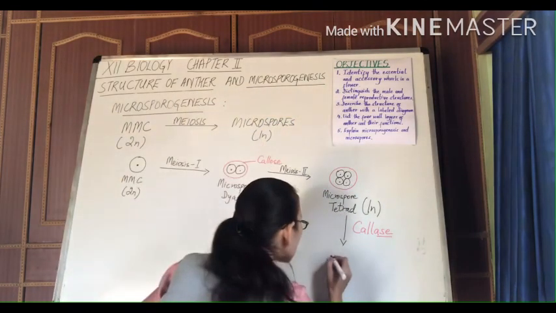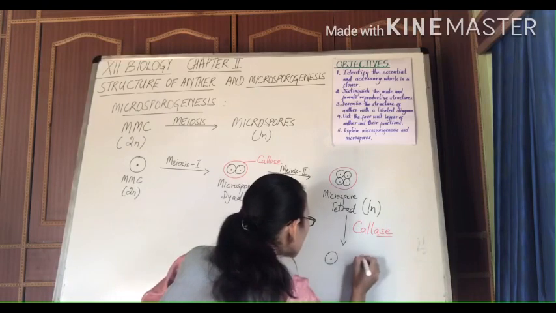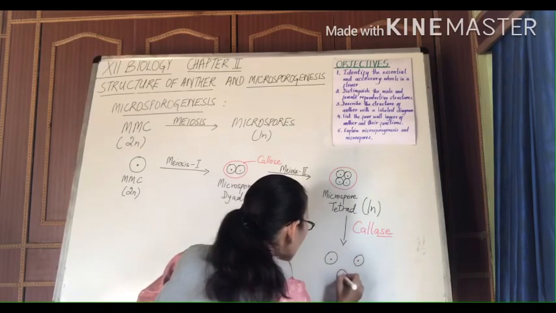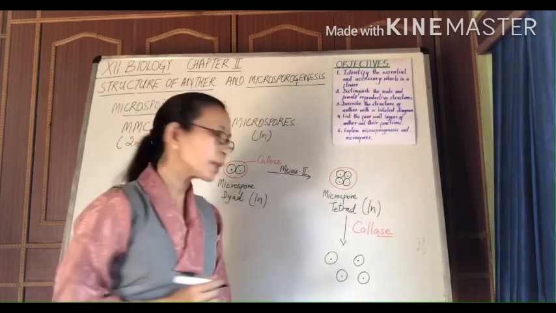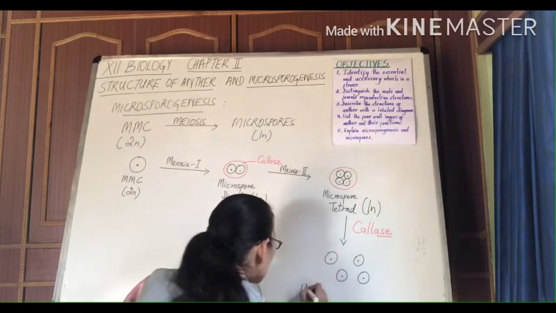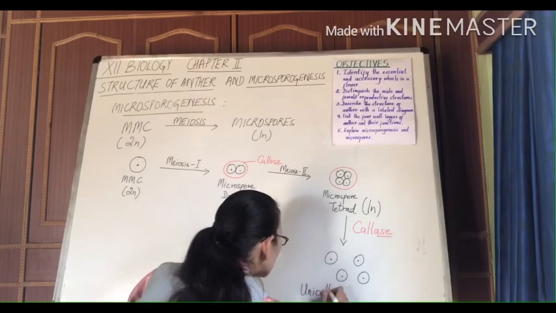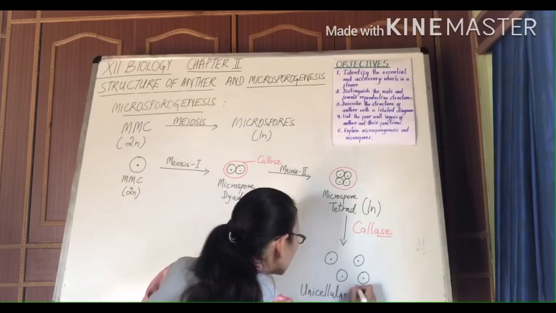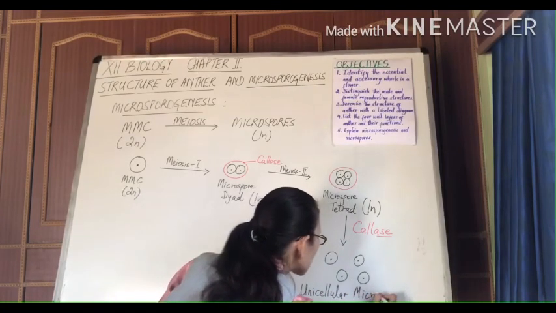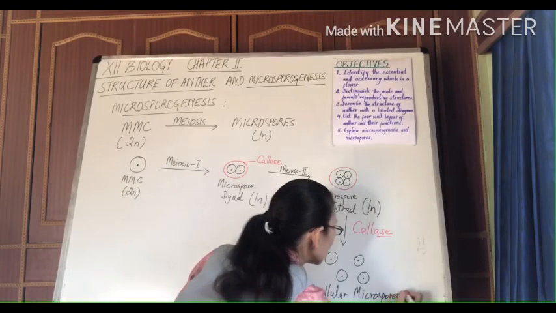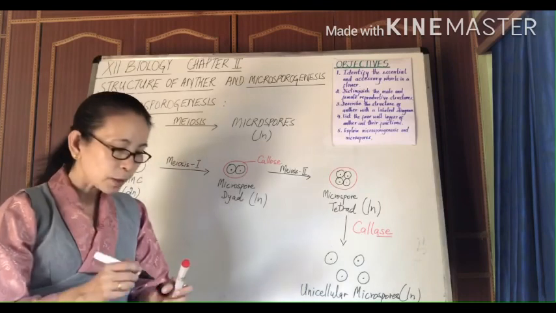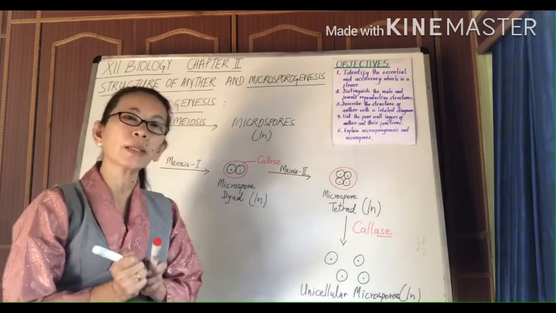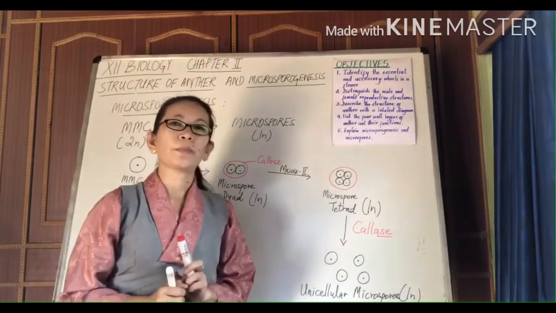Okay, so now we get the microspores independently, right? So these are the unicellular microspores, which are all haploid cells, after the breakdown of the callose membrane, right?